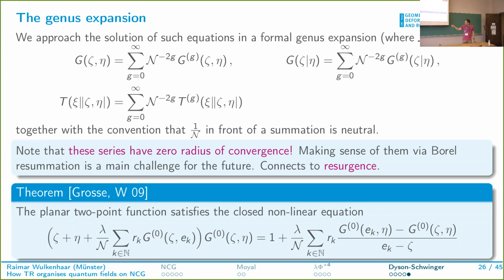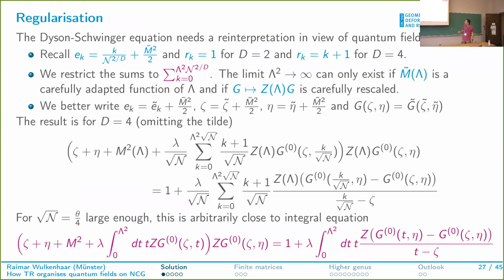So today we will restrict them to some finite cutoff, and then we have to do something that I explained on the next slide. Good. So here's what we do. We restrict the sum to a multiple of our scale. Multiple is lambda square, and lambda square at the end should be sent to infinity.